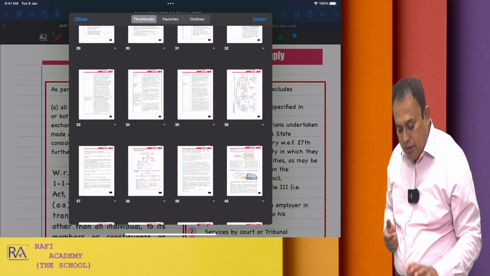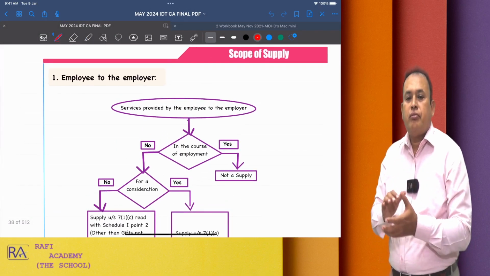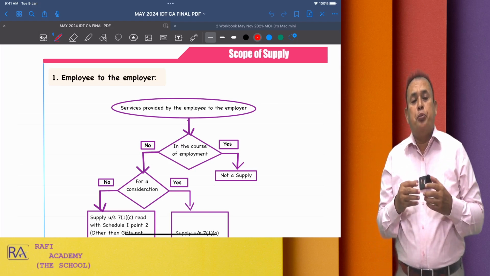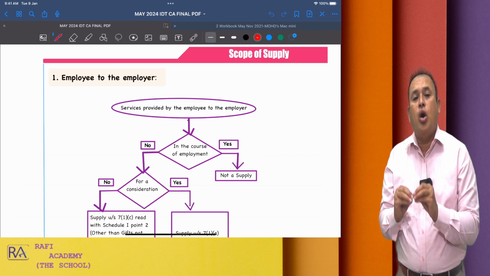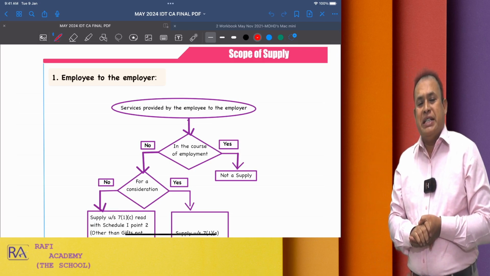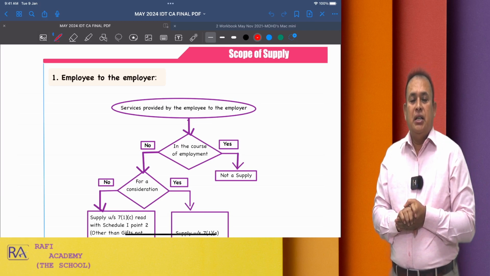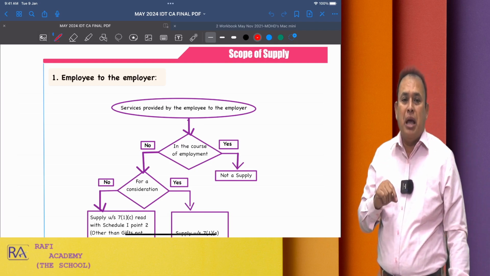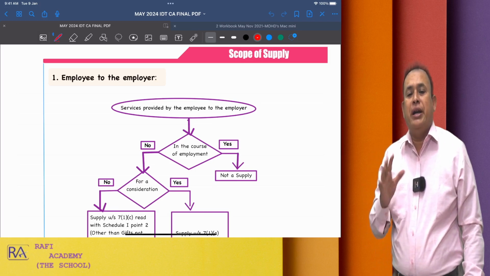In this regard, I am bringing to notice first and foremost: an employee provided services to his employer in the course of employment, which is excluded from the scope of supply. Employee provided services in the course of employment to his employer. Supply excluded.